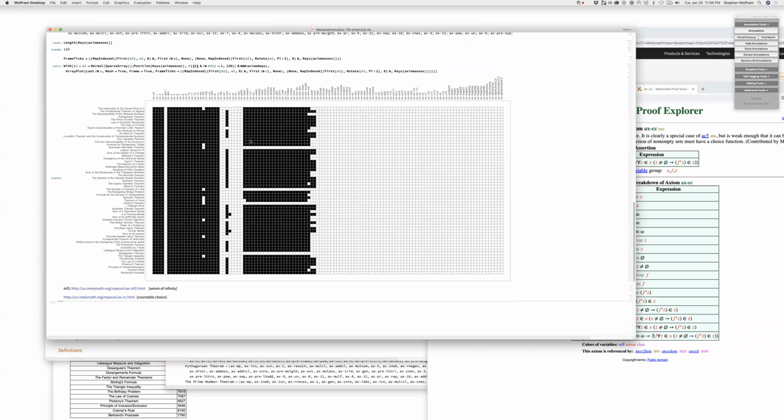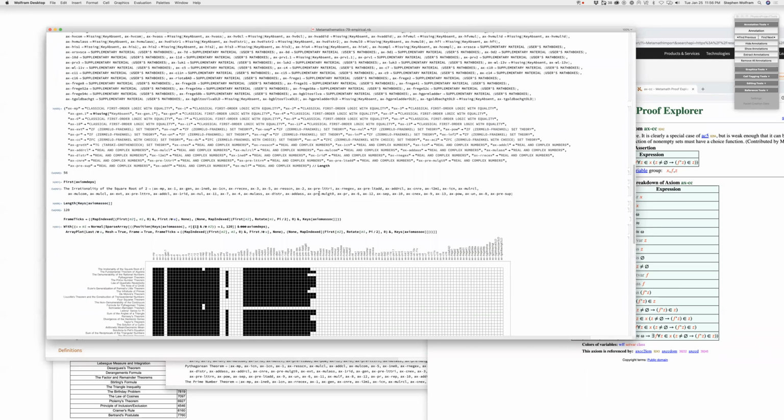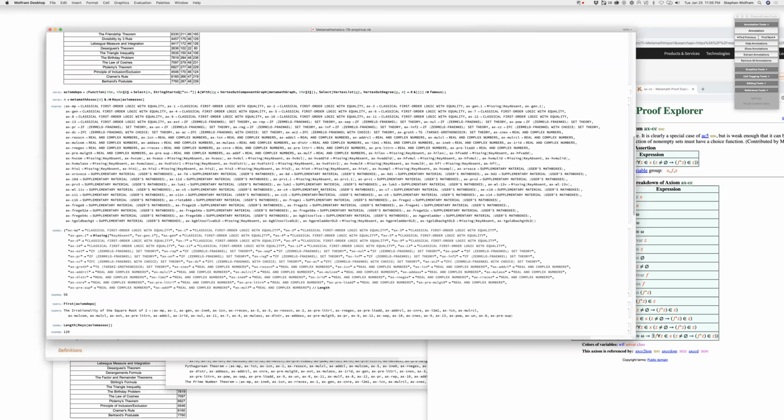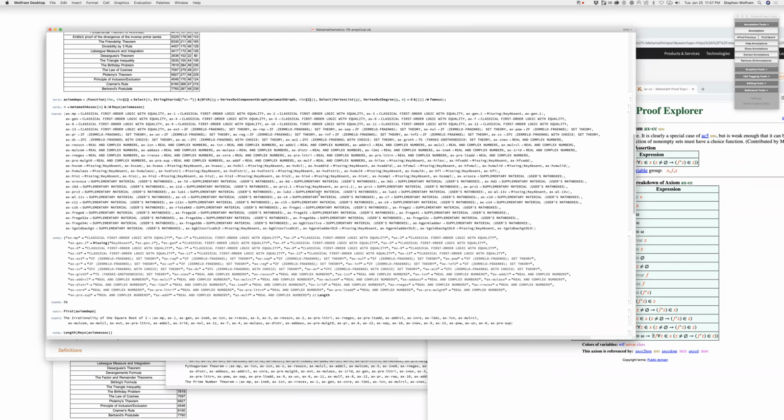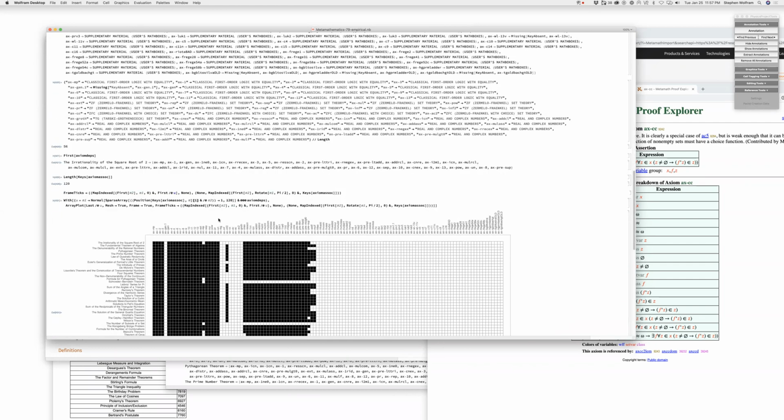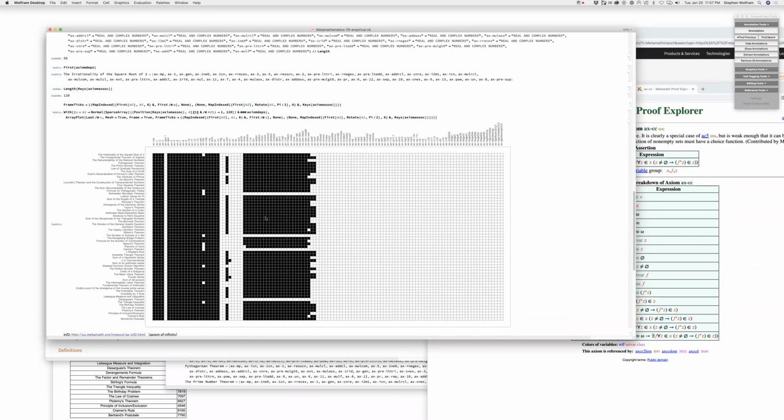Okay, so first of all, let's pick out the axioms we actually care about. Okay, keys of axiom assoc. So what we want to do is, this is axiom depths.